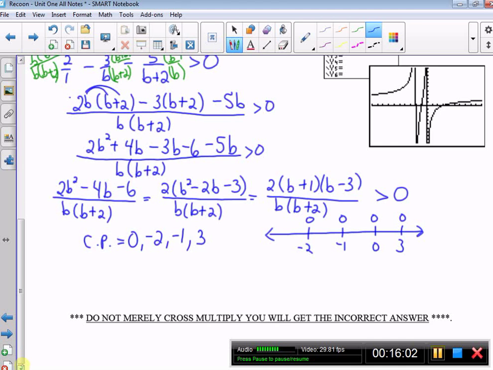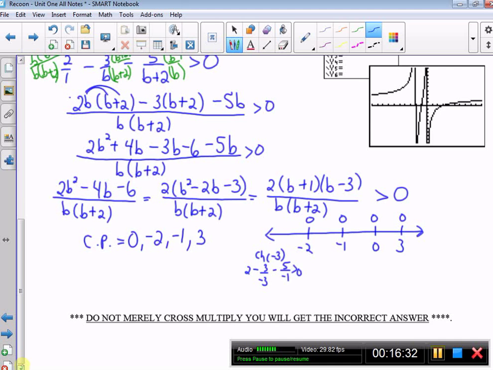So now we should probably check negative 3. So in the original problem, it would be 2 minus 3 over negative 3 minus 5 over negative 3 plus 2, which is negative 1.